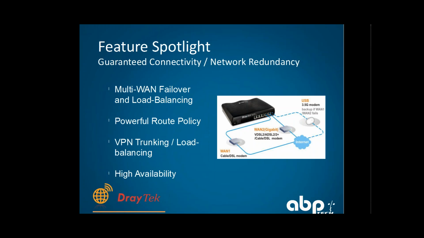So 2925, which is our most popular SMB router, which we are going to look at in the demo, received a firmware upgrade, and now you can have hardware redundancy on the routers. You can deploy two DrayTek routers in a master-slave configuration for seamless failover. So if you haven't checked it out yet, I encourage you to upgrade your firmware and look at the feature.